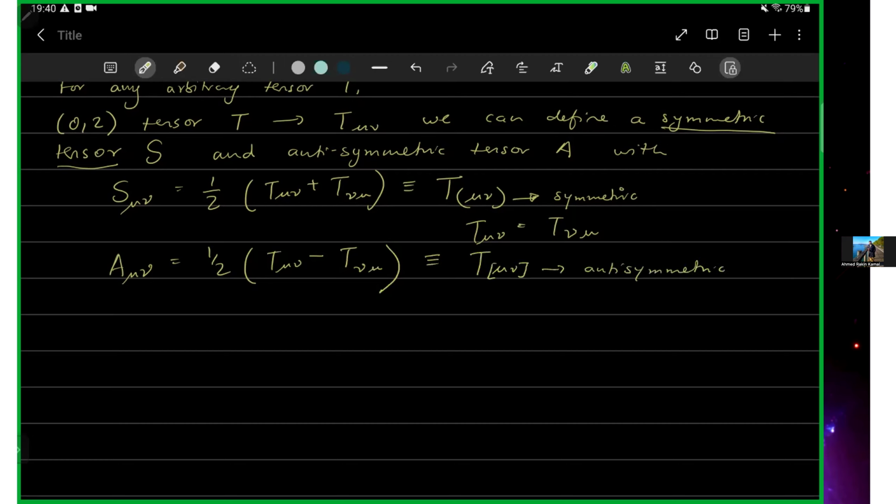And what anti-symmetric means is basically T mu nu is equal to minus T nu mu. Now this can be generalized also to higher rank tensors.